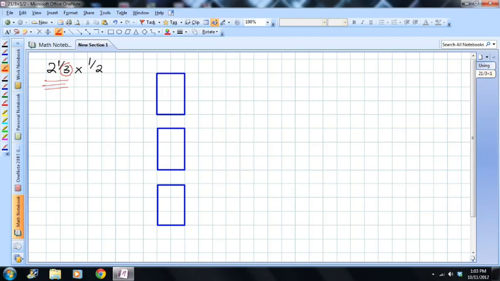So we're going to take each of those rectangles and split them up into 3 equal segments, all the way down.